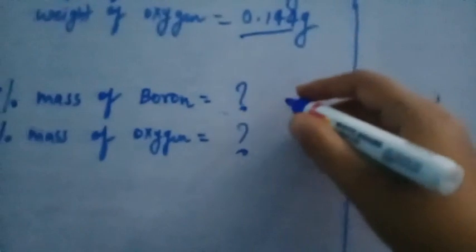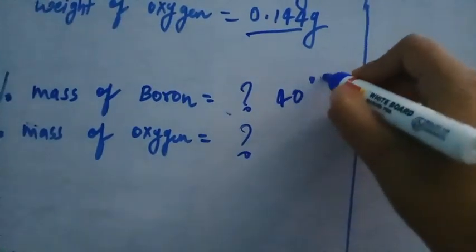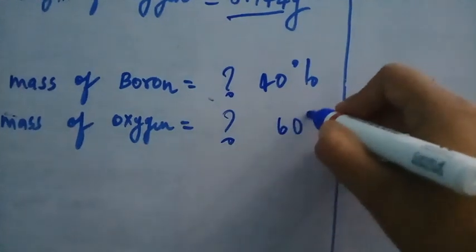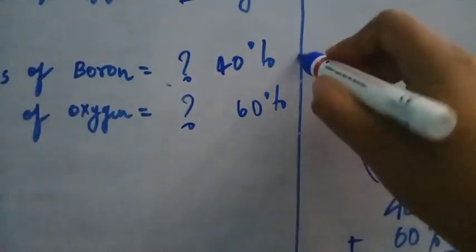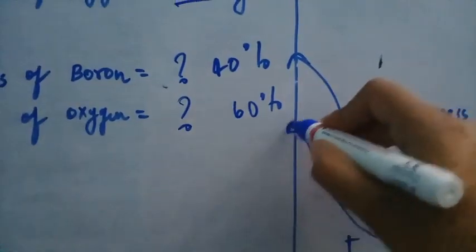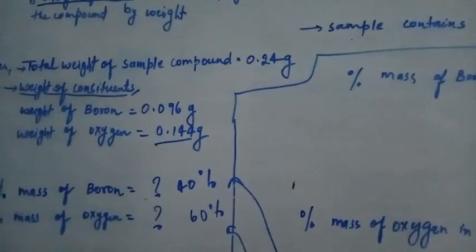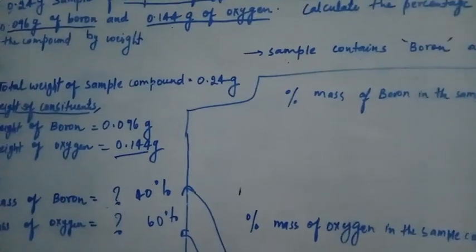So percentage mass of boron we got 40%, and percentage mass of oxygen 60%. According to the question, you can use a different formula. I have given you an example of a question in which you can use the second formula.